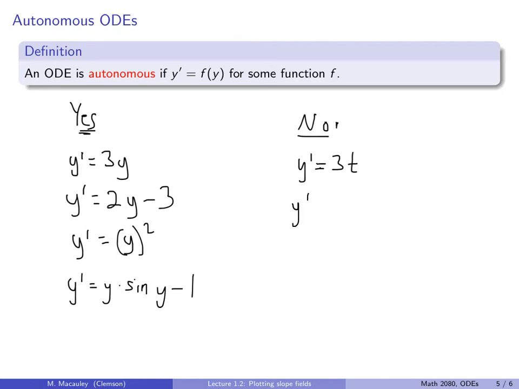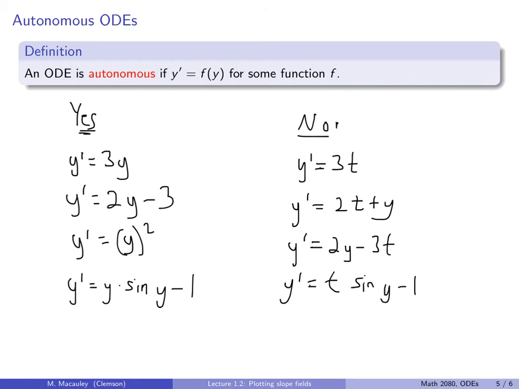Y prime equals 2t plus y. I think that's the one that we did earlier this lecture. That is not autonomous. Y prime equals 2y minus 3t. Again, there's a t involved. It's not autonomous. Y prime equals t times sine of y minus 1. Not autonomous.